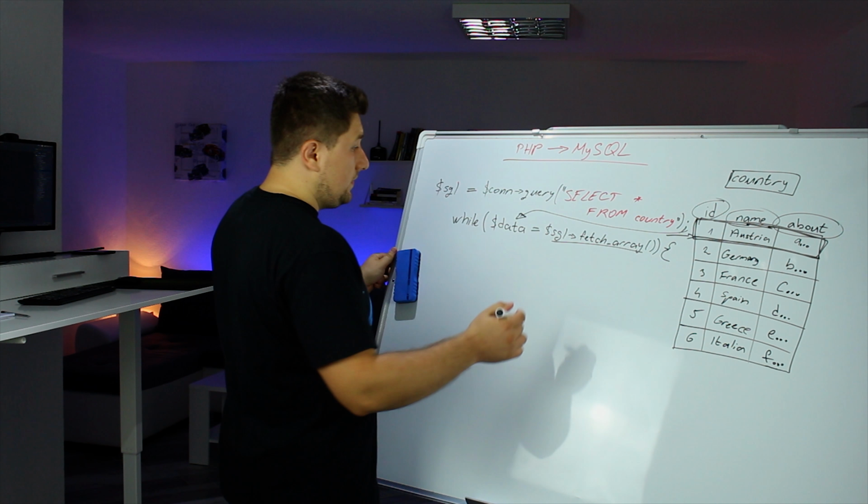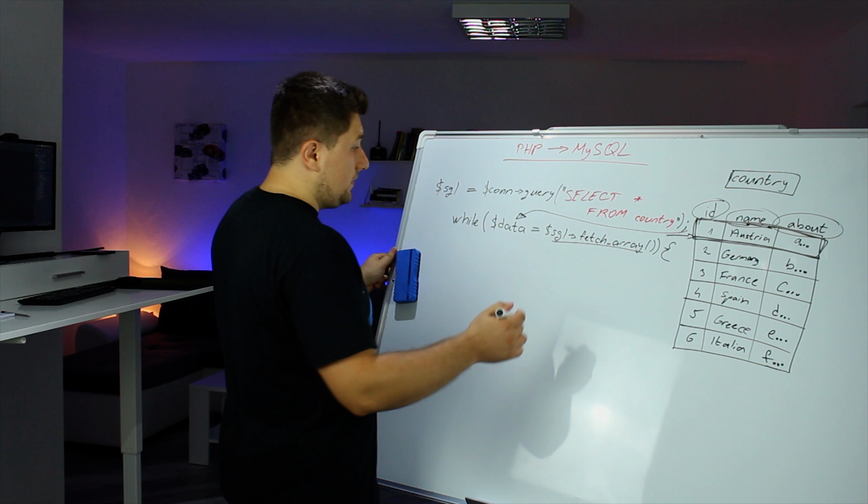So I will say echo, and now let's say data, ID, dot, and let's say an empty space, dot again, which means we are doing concatenation of our string.